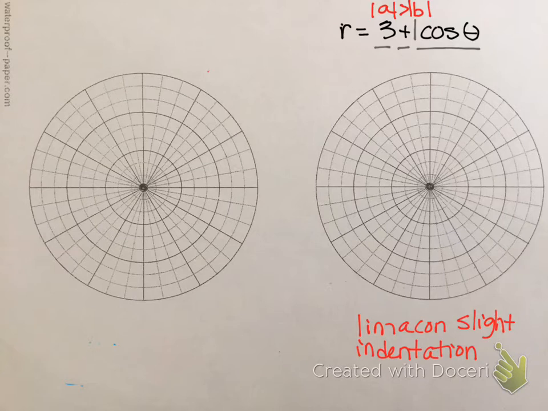So let's look at our cosine. Cosine is positive. So that tells me that my bulk is in quadrants 1 and 4, because that's where cosine is positive.